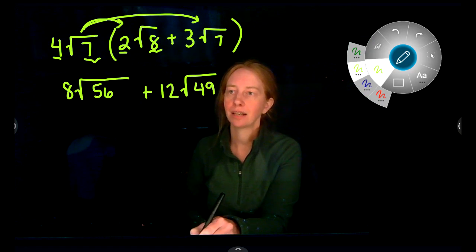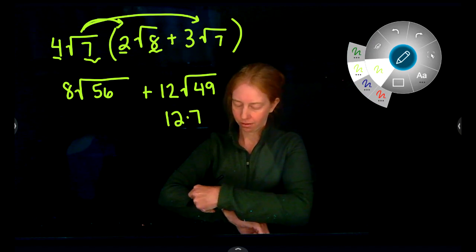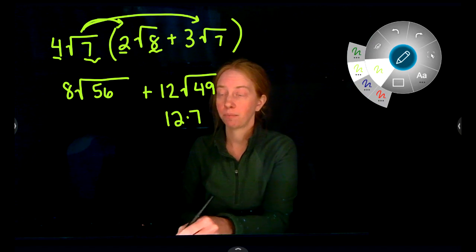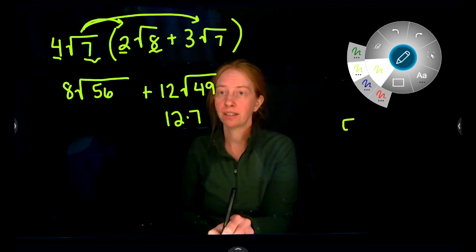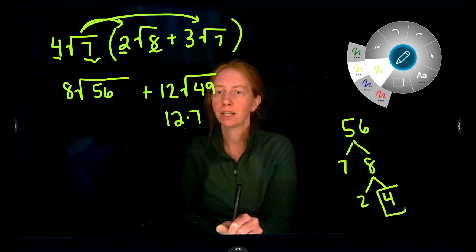Okay, well, that's easy enough. So let's start with that. This is really, truly just 12 times 7. Just double checking. 56, we do need to clean up. This is 7 times 8. We just figured that out. And 8 is 2 times 4. 4 is a perfect square. So this is truly 2 times the square root of 7 times 2.